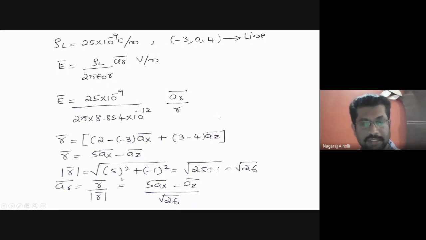This r bar is 5ax bar minus az bar, divided by the magnitude of the r bar vector, that is root 26. That is our direction vector, or the unit vector ar bar. So take up till this step, students. Note down up till these steps quickly.